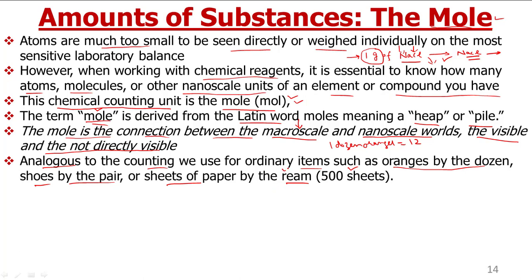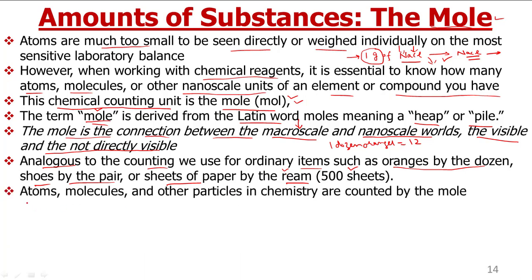Similarly, a mole is a counting unit for atoms, molecules, and other particles in chemistry that are not visible to us. Dozen is the counting unit for macroscopic things that we can see, whereas mole is a counting unit for very small particles like atoms, molecules or other particles.